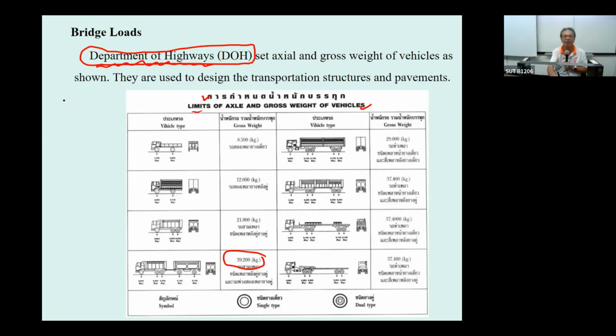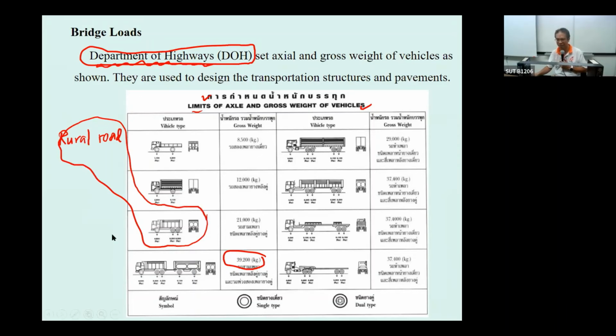But if you are going to build a rural road, and that rural road will have only this 10-wheeler, you just decide based on the maximum ability or maximum classification of the load you are deciding.